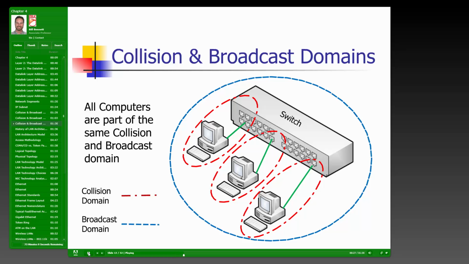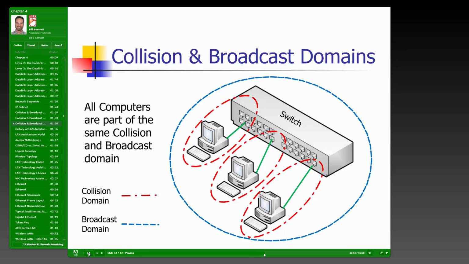So a switch will determine which port to forward a message out of based on the destination MAC address. In this case, when the top computer sends a message into the switch, it will isolate that message between the sending computer and the destination computer. Any other computer attached to the switch can go ahead and send simultaneously.